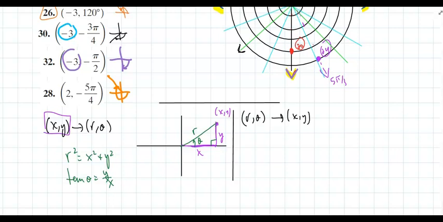Given r and theta, if I want to figure out what x and y would be, well, r and theta consist of this positive x-axis. Don't you rotate some theta and you move some distance?